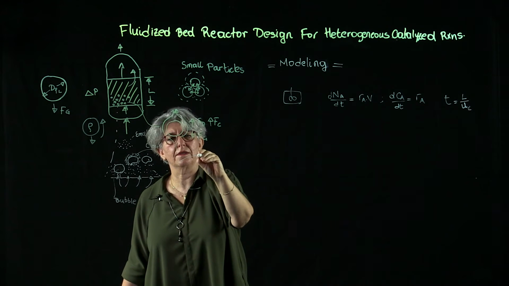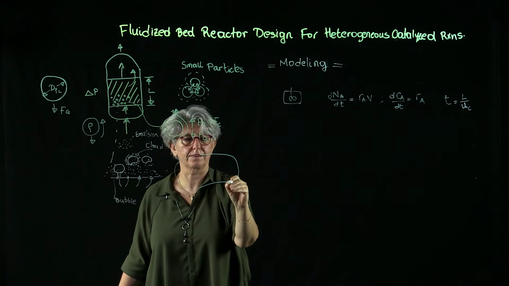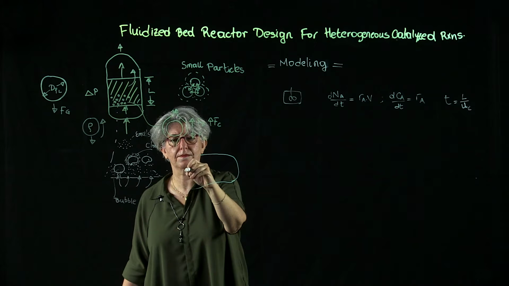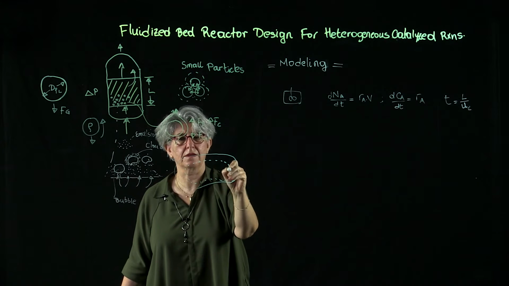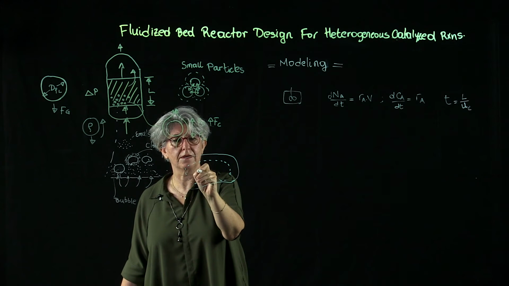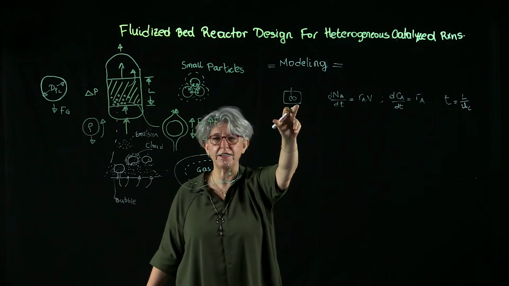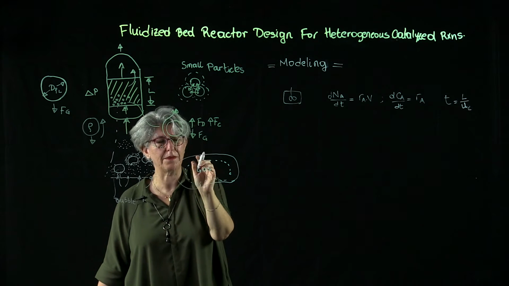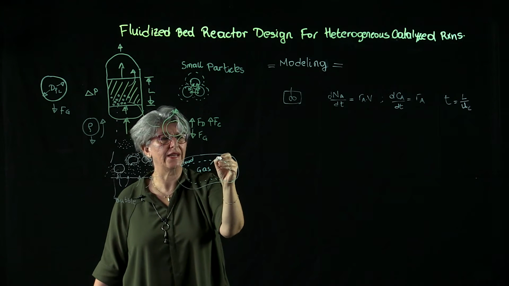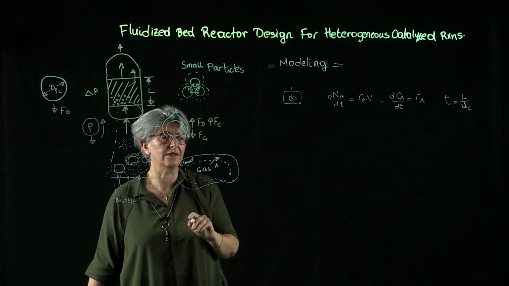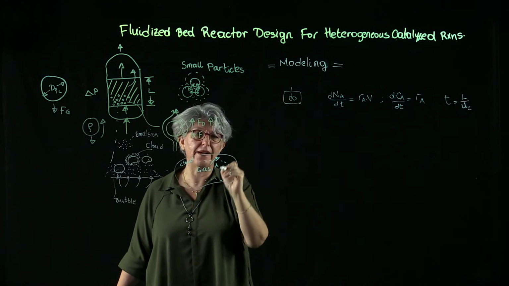Let's see if we can create our bubble. This is the gas bubble that we have treated as a batch reactor. We have the cloud. And our A is being transported from the gas to the cloud by mass transfer.